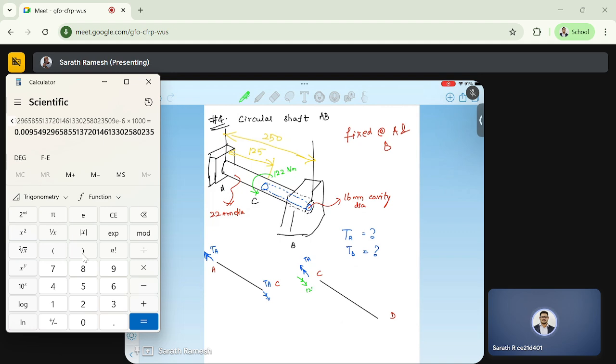This is 122. So now TD will be, let's take this as the TD direction.